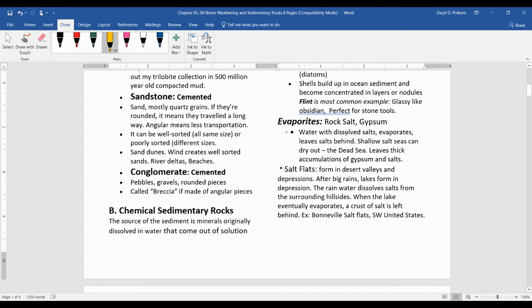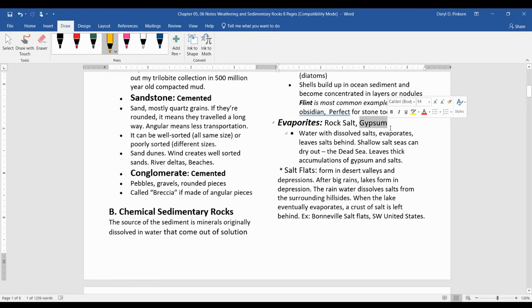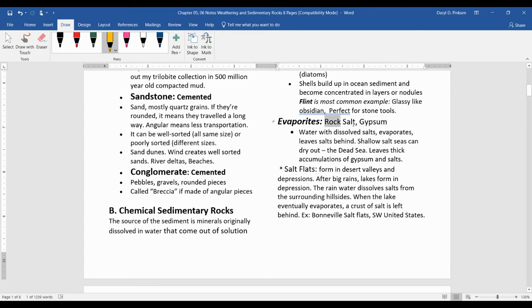We also have evaporites, and that happens when you have bodies of water, like lakes or seas, that evaporate and they leave behind deposits. This can happen with gypsum, right? Like that calcium sulfate will come out of the water as it evaporates. But most common is rock salt. And so you have things like salt flats, right?